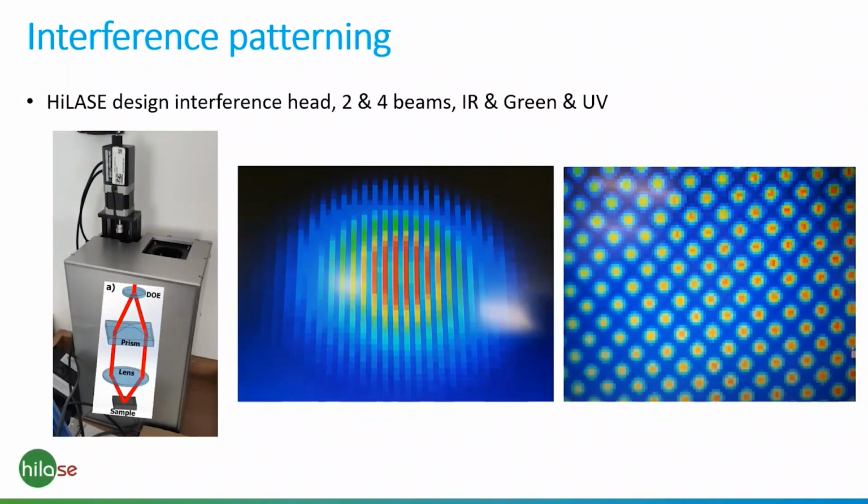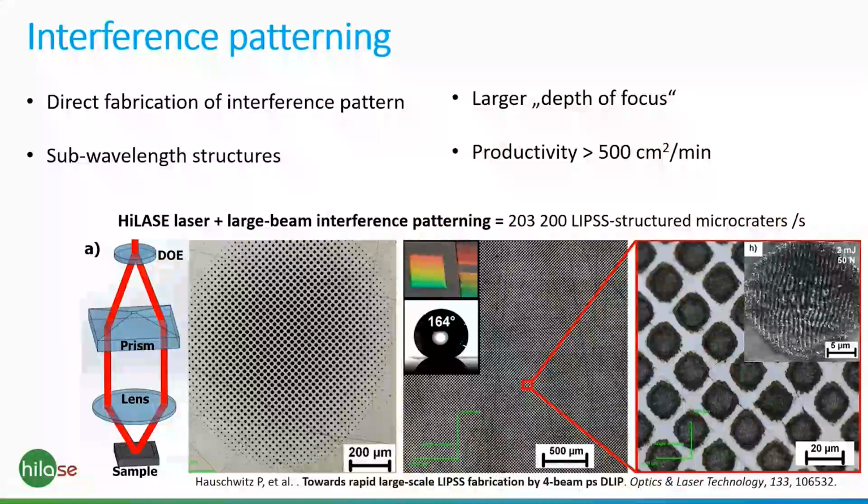Next technology, which I would like to quickly introduce, is interference patterning. In this case, the input beam is divided to be recombined on a sample to create interference pattern in case of 2 beams or 4 beams. And it has also some advantages.